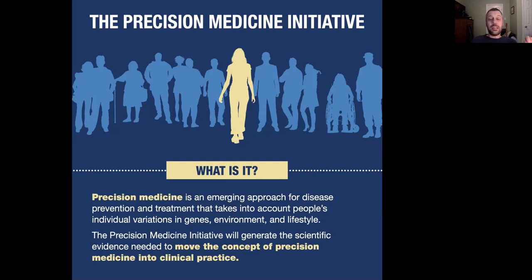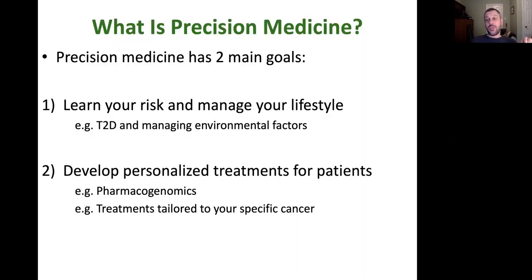Basically, it's the idea that you can sequence someone's DNA and tailor their lifestyle and or treatment according to their genetics. So there's a couple of goals of precision medicine. Learn your risk of diseases and manage your lifestyle accordingly, like in the type 2 diabetes example.